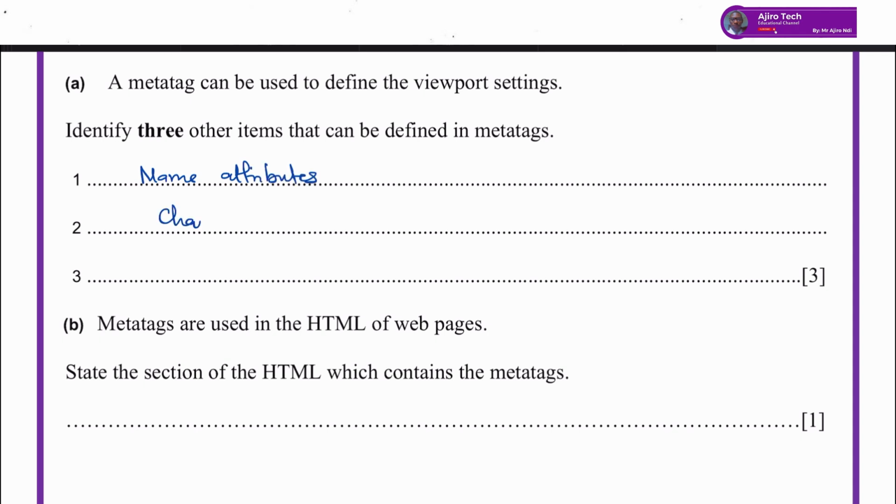We have the charset, which is your character set. You can actually put this. We have the content attributes. Okay. So they are used to define the viewport, how the user is going to view the web page.